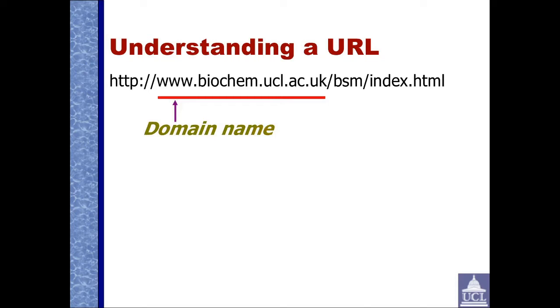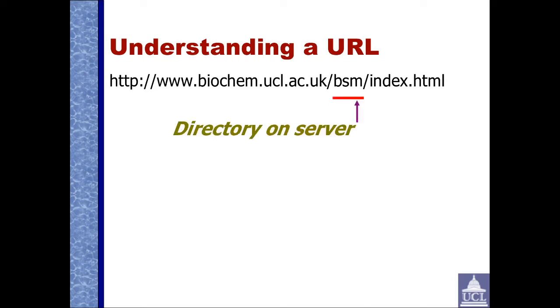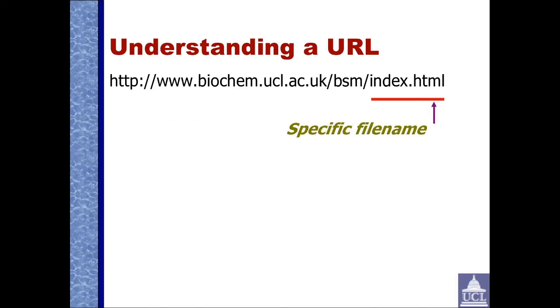The next part is the domain name, so that's the name of the computer that you're accessing. That's then followed by the directory on the server that you're accessing, and finally by a specific file name.